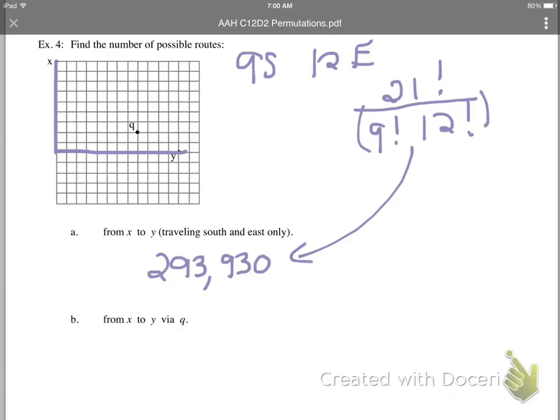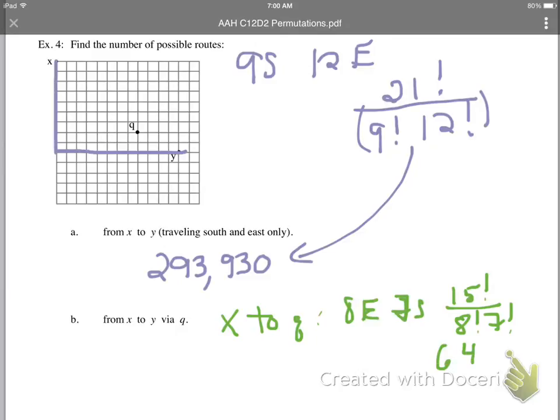So now what I'm going to do is go from X to Y, but I have to go via Q. Well, to go X to Q, I have 8 east and 7 south. So that's 15 total, divided by 8 factorial, 7 factorial. If you were to multiply that all out, you'd get 6,435.